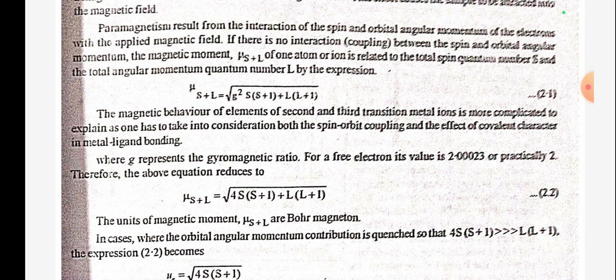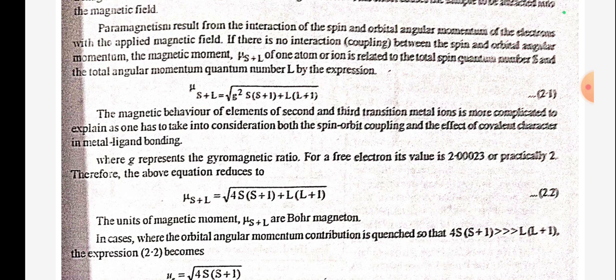Paramagnetism results from the attraction of the spin and orbital angular momentum of the electron with the applied magnetic field. If there is no interaction coupling between the spin and orbital angular momentum, the magnetic moment μ(S+L) of one atom or ion is related to the total spin quantum number S and the total angular momentum L. μ(S+L) is equal to the square root of 4S(S+1) + L(L+1).